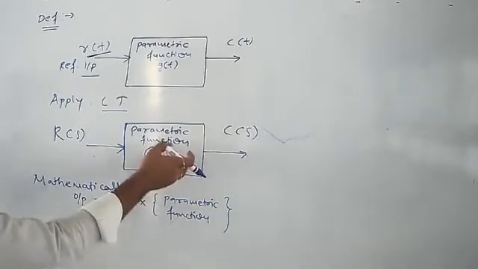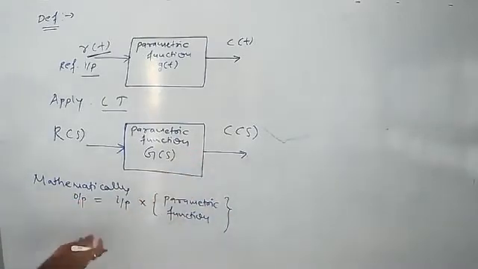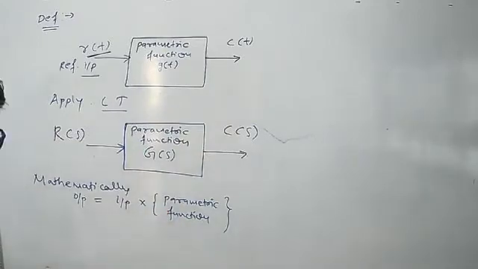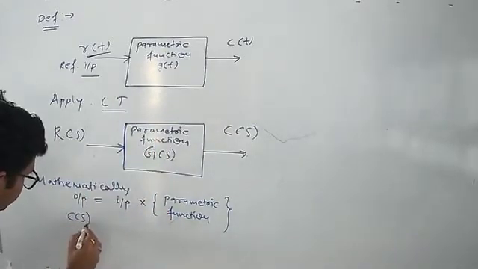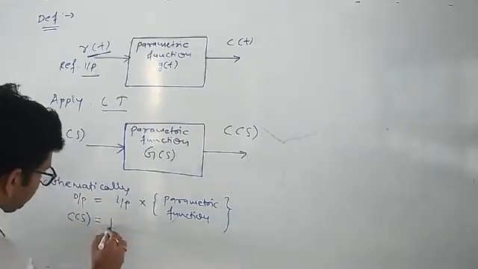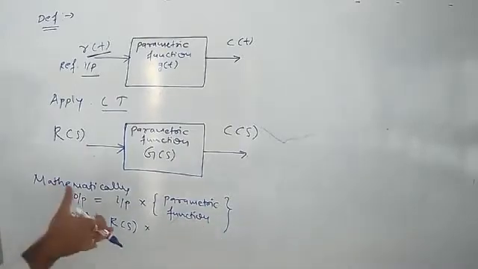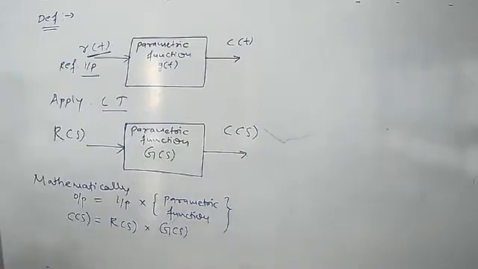Now, because we indicate the block diagram of our given control system in frequency domain, we are going to use these expressions to write the components in this equation. So output is nothing but C of s, which is nothing but input R of s multiplied by the parametric function of the given control system, which is G of s, which is very important.